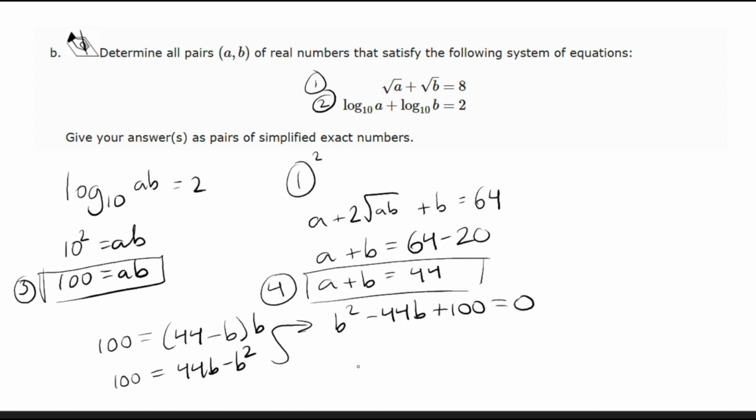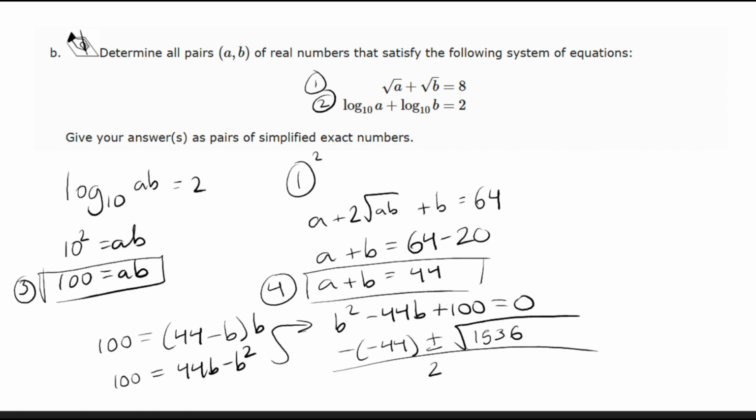Negative negative 44 plus or minus root b squared. 44 squared, what is that? 1936. And we have to subtract 400, so it's 1536. All over 2, because that is our a value, which is 1.